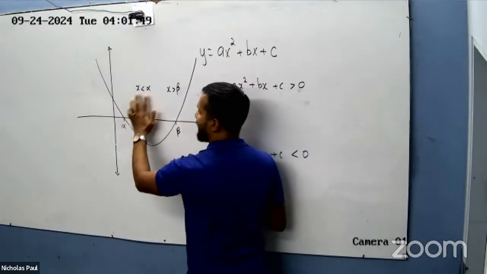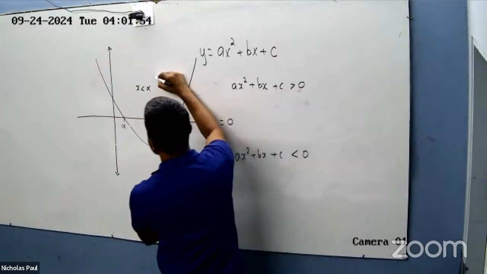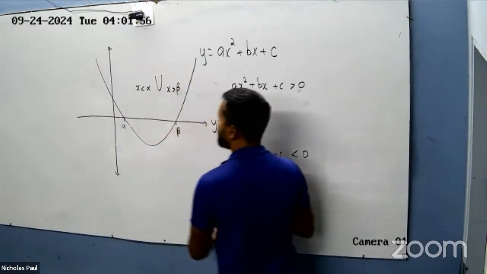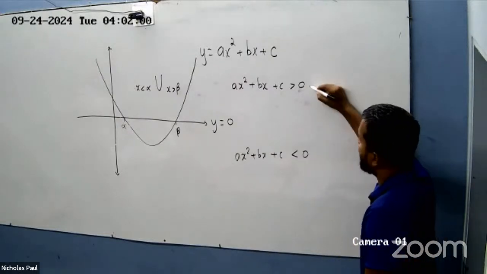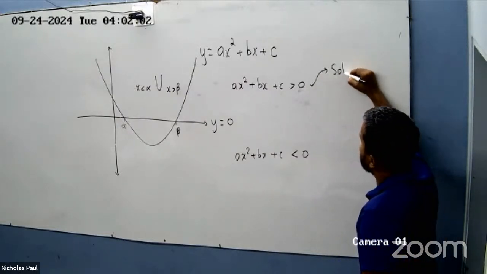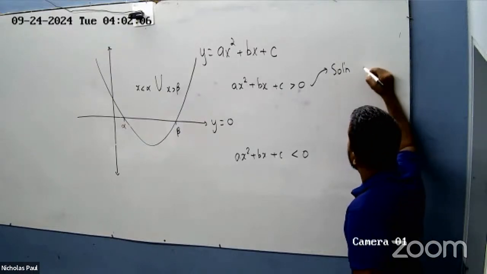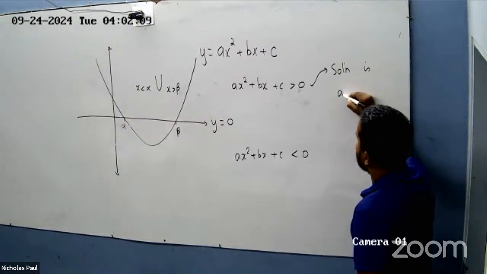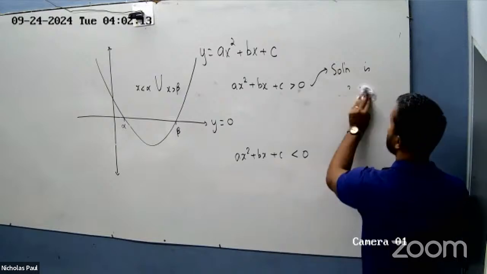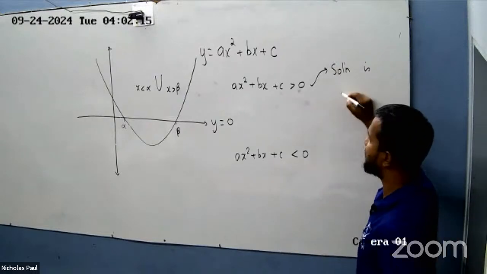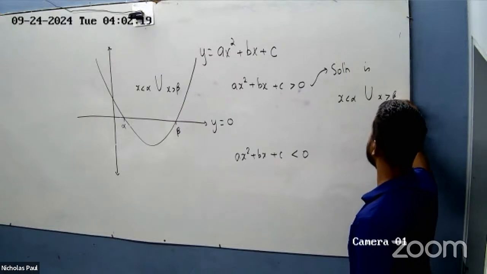If I combine all the values less than alpha and all the values more than beta by using union, I have my solution. So the solution for this is x is less than alpha together with x is more than beta.